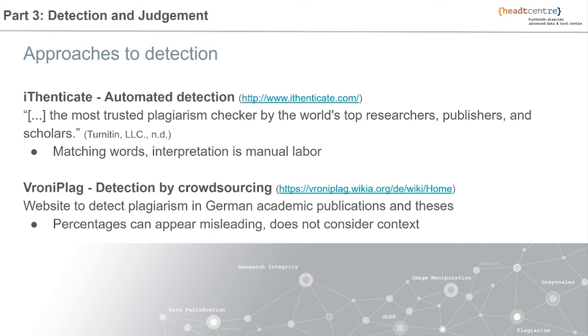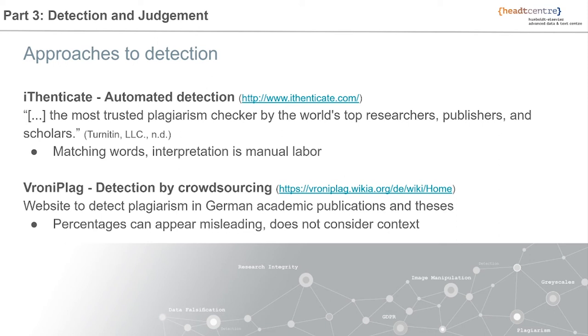Another approach to this is Ronnieplug. It does officially crowdsourcing, though in fact Ronnieplug also uses a number of digital tools as well, especially ones that are not terribly expensive. And people who are dedicated to finding plagiarism spend an enormous amount of time looking at possible sources.